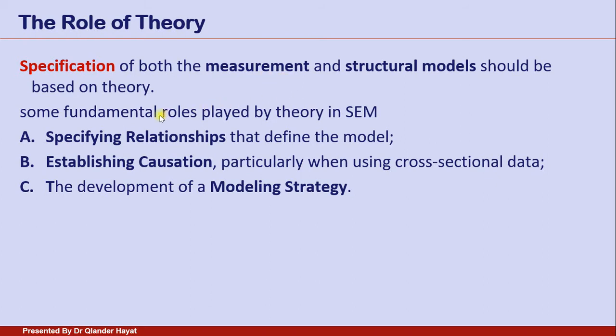And theory plays fundamental roles in three aspects. First, by using theory we can specify the relationships that define the model. It means we specify the relationship between the latent and measured variables, and after that we have to establish the causation, and third, by using theory we can develop a modeling strategy. Now we discuss what these three things are.